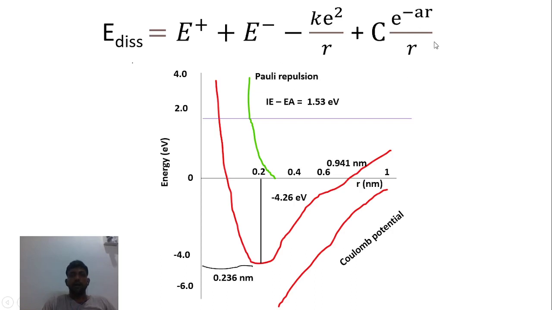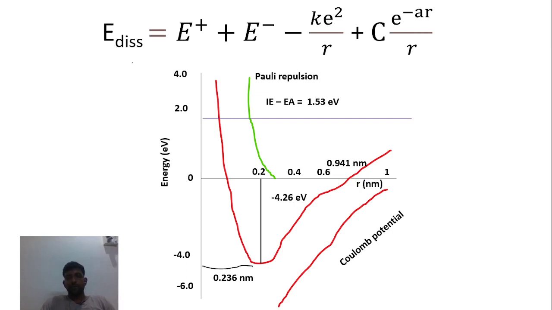So we just plot it. This Coulomb potential curve is similar to the Lennard-Jones potential, but there is some modification because the terms involved have different magnitudes, or different numerical values.